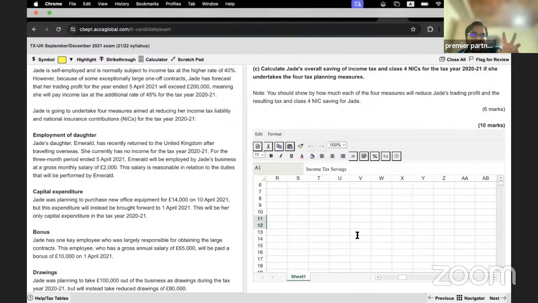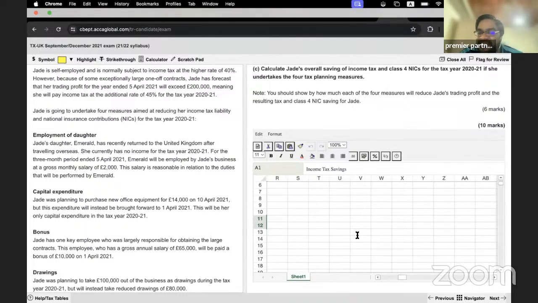What I'm asking is, from employing Emerald, what would be the impact on Jade's tax adjusted trading profit? Right. Jade's tax adjusted trading profit will come down by 6,000. The salary paid to Emerald, which is 6,000, will create a reduction in the tax adjusted trading profit. Everyone agree on that?